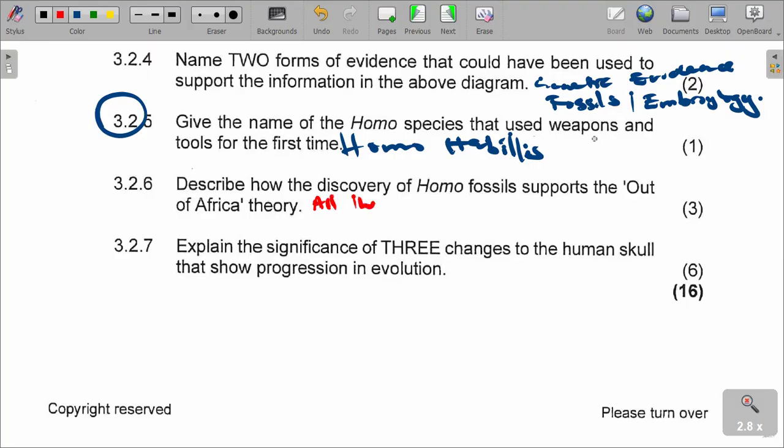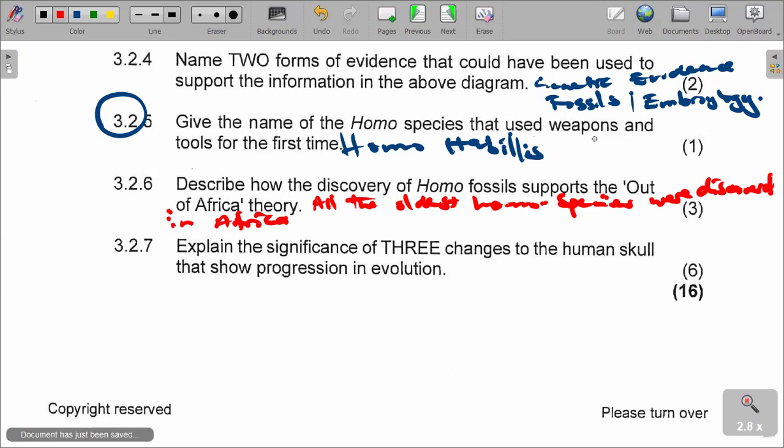All the oldest Homo species were discovered in Africa. Those are the oldest.